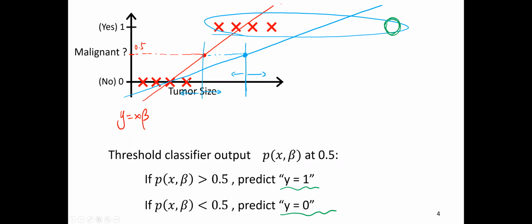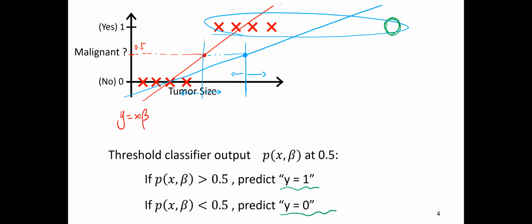We have some data points over here, some data points over here, and you can fit a linear regression model y equals x beta. And then you will have a threshold 0.5 and you will have a cutoff.